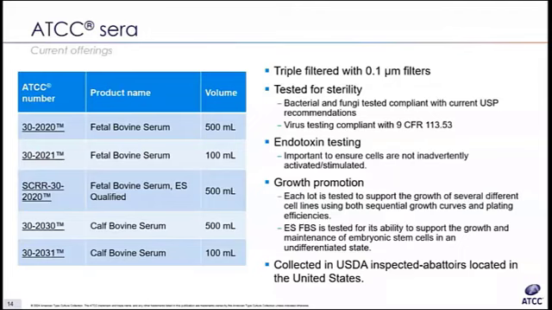Each lot is additionally tested for growth and proliferation for several cell lines. Additionally, ATCC serum is collected in USDA inspected abattoirs. United States serum reduces the risk of bovine spongiform encephalopathy, also known as BSE. As opposed to other geographical locations where BSE is or has been endemic, USA sourced fetal bovine serum has reduced risk of BSE.